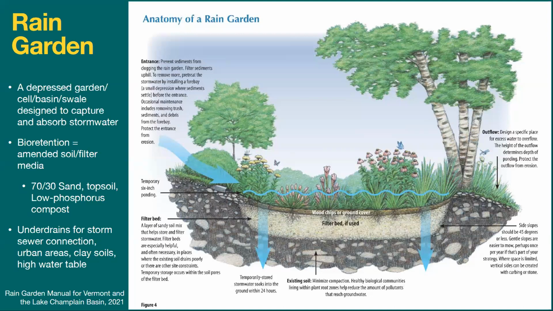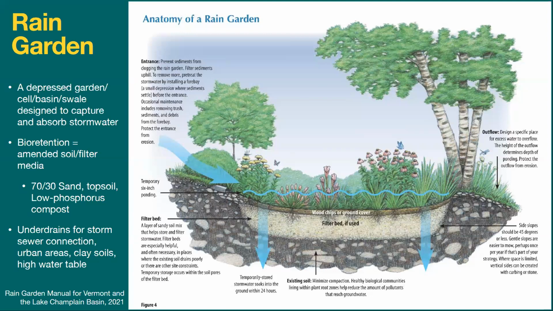Some rain gardens and bioretention basins have underdrains, and so that would be a perforated pipe along the bottom of the basin underneath the filter media mix. Water will flow down through the basin, and once it hits the bottom and starts to fill up from the bottom, it will go into holes in the underdrain and out.